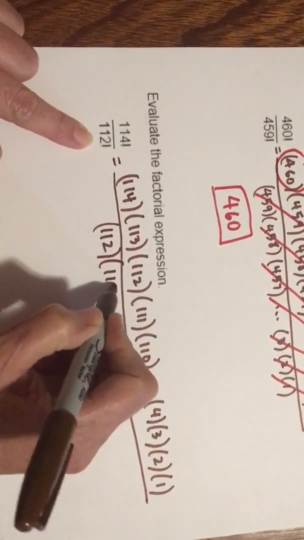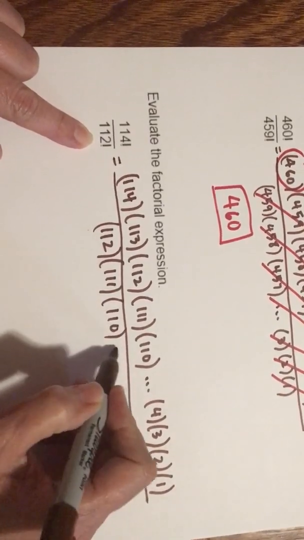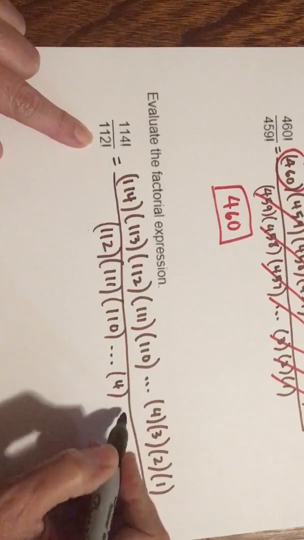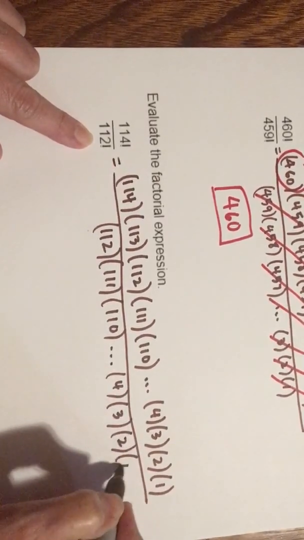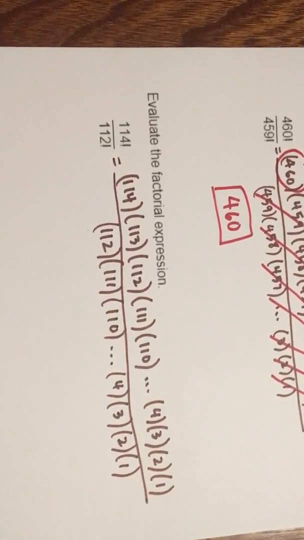For the denominator, I'll start with 112. 112 times 111 times 110 times 109. I didn't write that one. Times 4, times 3, times 2, times 1. And if you look at this, then you have some numbers that cancel.